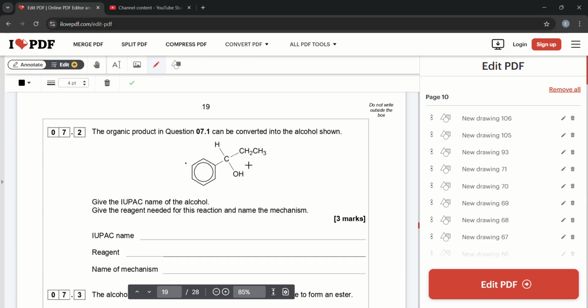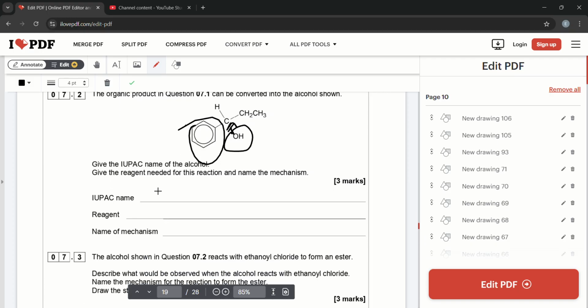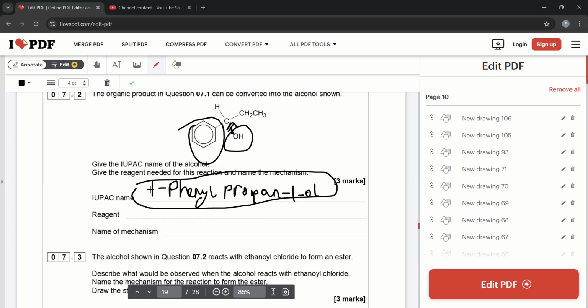So it's propan. You've got an alcohol on the first carbon, and you've got a phenyl group. So it's going to be 1-phenylpropan-1-ol. You've got phenyl, and you've also got an alcohol, and it's propan because 3 carbons.